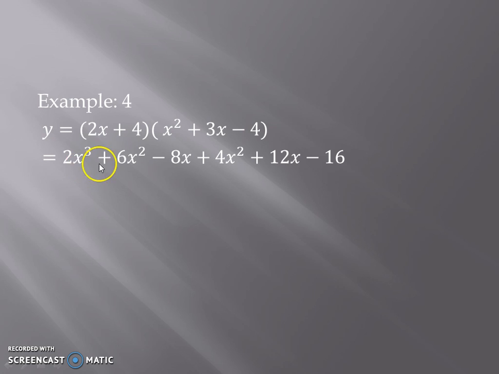Relax. Right now, dial all the numbers down. 6 plus 4x squared. And here, let's just show you the second example so you can catch up. Alright, so you see here everything's perfectly fine. You add 6x squared and 4x squared to give you 10x squared, minus 8x plus 12x to give you 4x, and you just got negative 16.